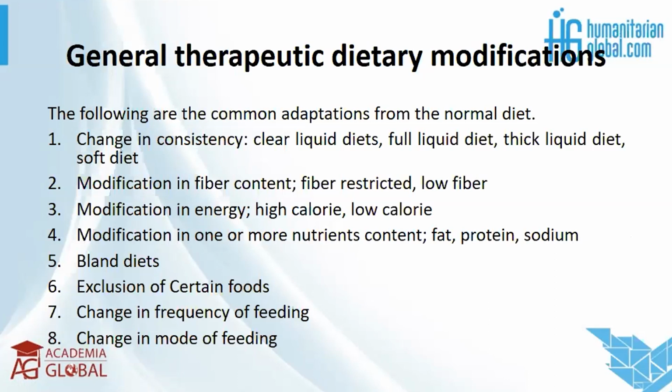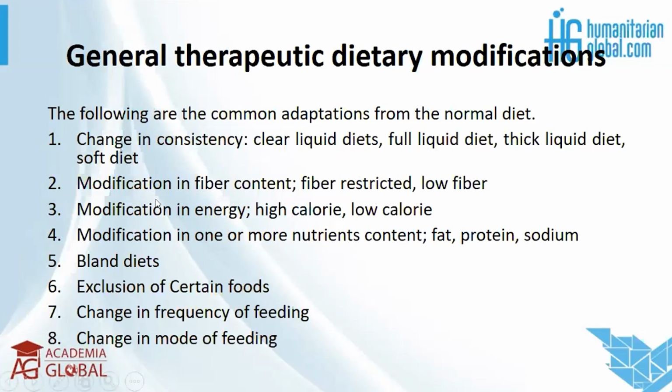And here we will see that there are 4 ways in which we can modify or change the consistency of a diet to make it therapeutic. We can have clear liquid diets, full liquid diet, thick liquid diet, and soft diet. Don't worry, we will see what that is.